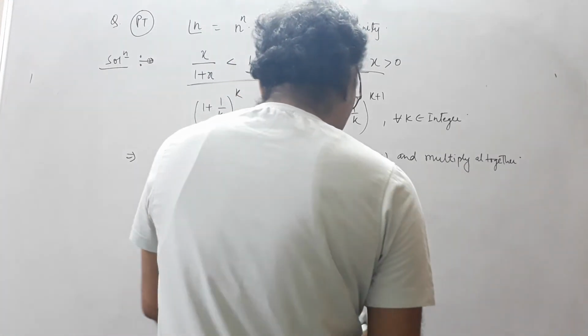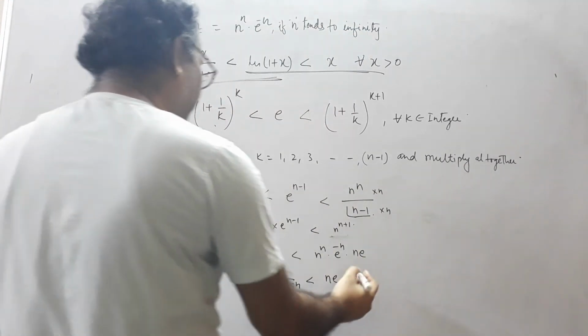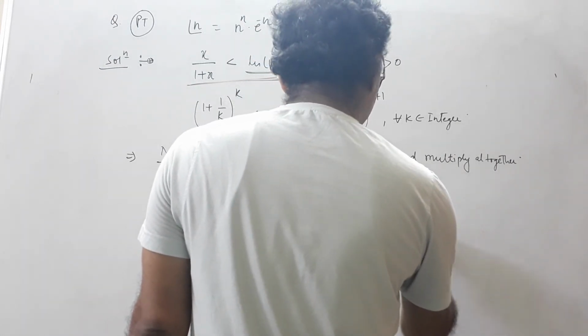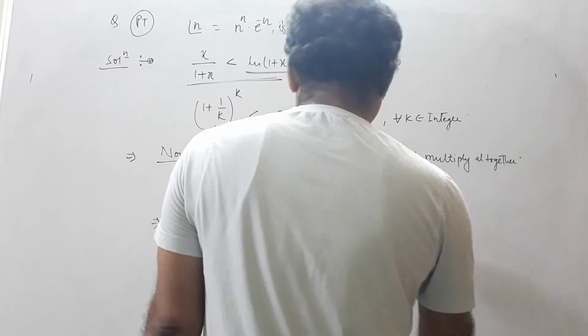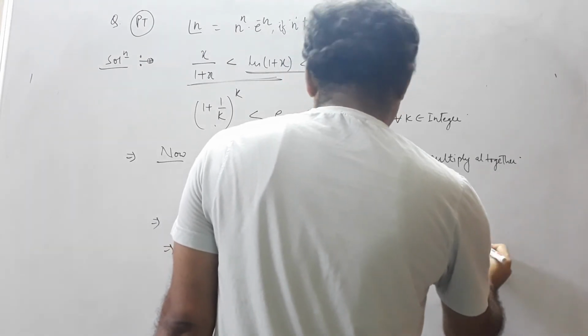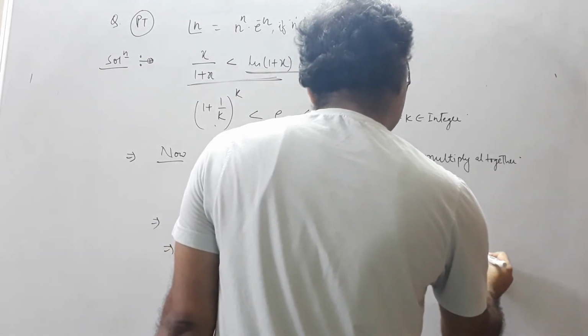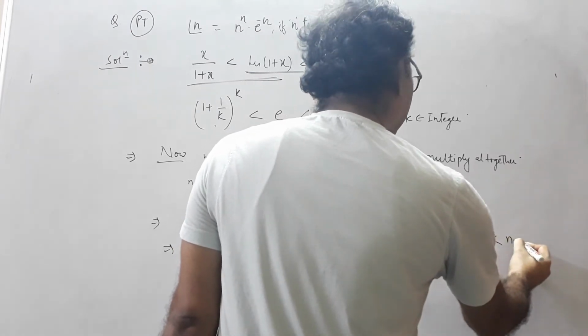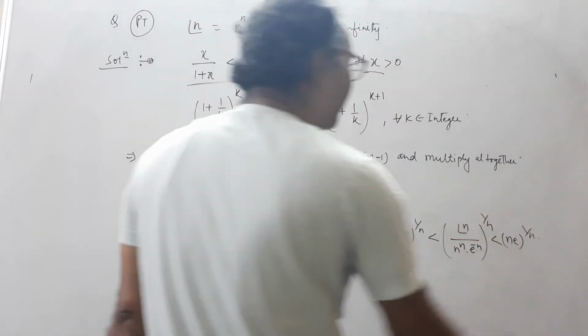Now it can be written like this. If we take the 1 by nth power of this, then what shall we get? We shall have e to the power 1 by n, less than factorial n divided by n to the power n e to the power minus n, to the power 1 by n, less than n e to the power 1 by n.